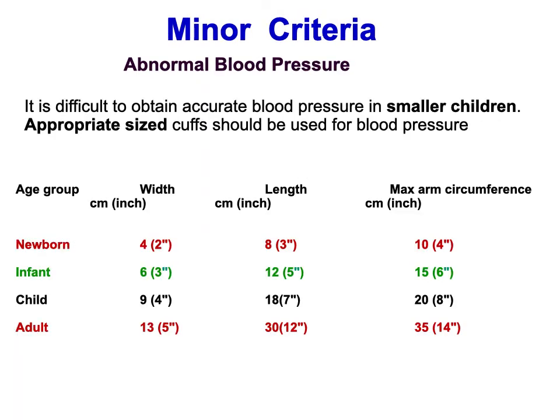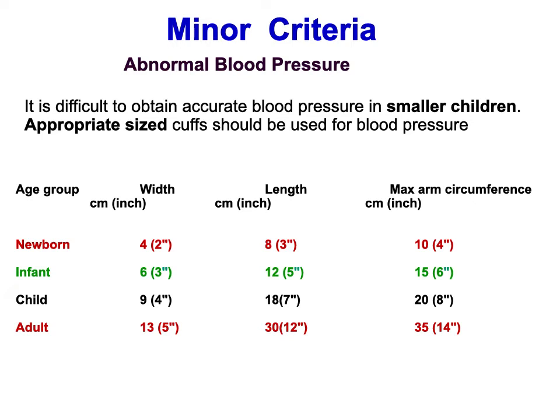Just a few words about abnormal blood pressure. Blood pressure is difficult to obtain accurately in small children, and that's why the clinical guideline is to measure blood pressure regularly in children above 3 years of age. Here also, due to difference in length of the arm, the blood pressure cuff size varies.